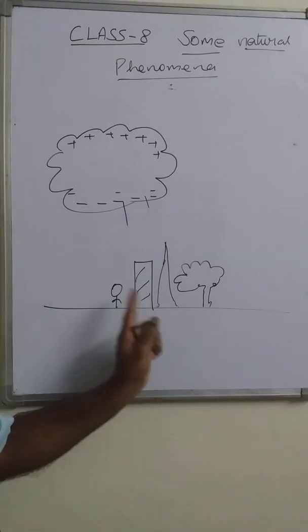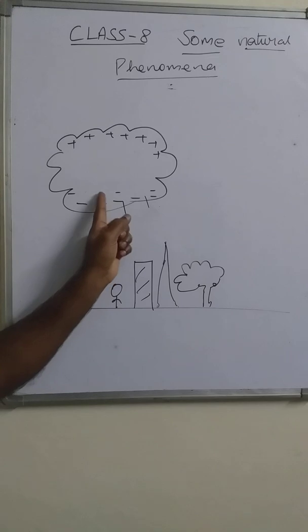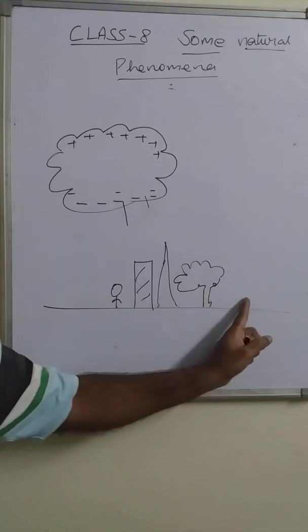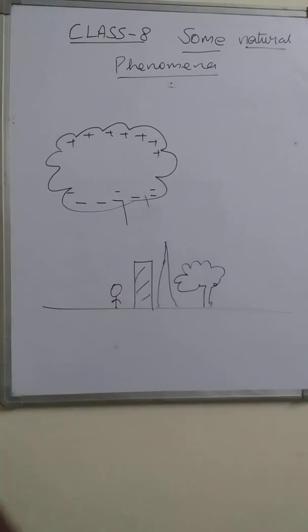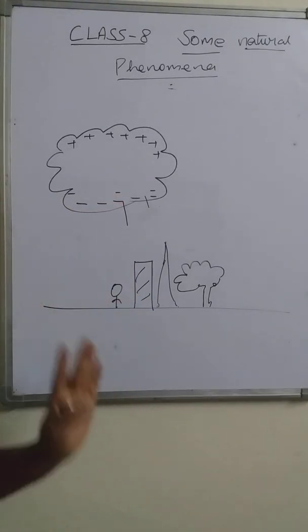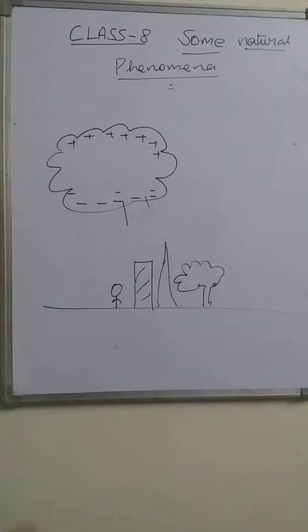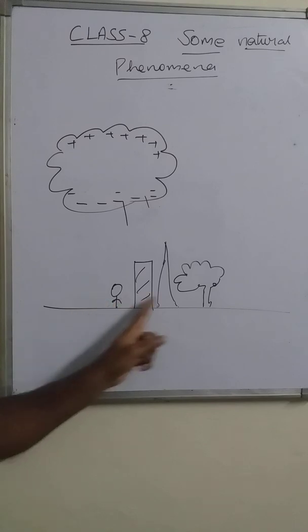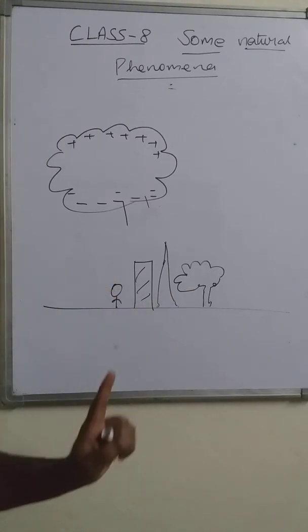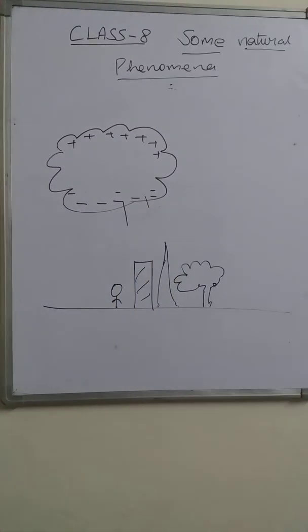Now the electrical discharge is taking place. The charged cloud induces positive charges on the ground surface. So the lightning occurs between the cloud and the ground. The charges start to flow from the cloud to the ground. But on that path, we are assuming there are four things: a person, a building, a tower, and a tree.